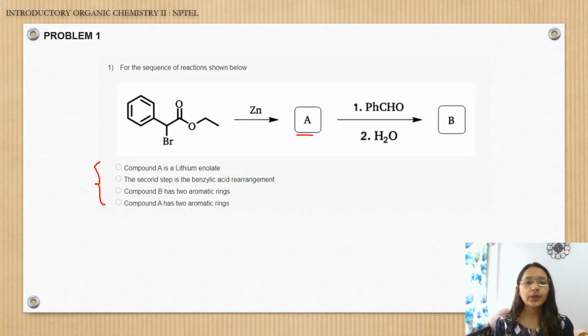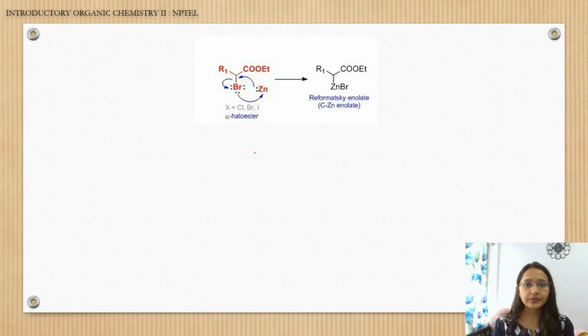Here they are asking whether compound A is the lithium enolate. Look carefully: in this reaction, zinc is getting inserted between the C-Br bond, because Br is a leaving group. This is a Reformatsky enolate. Zinc first donates its electron to this carbon, and this carbon releases the Br, which in turn complexes with zinc.